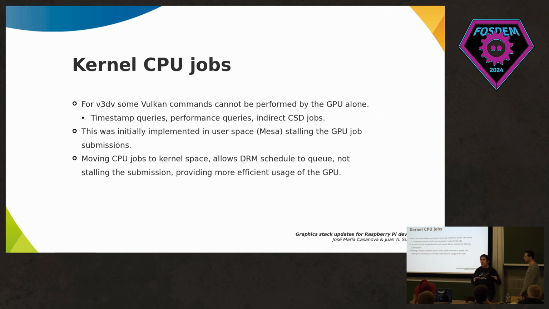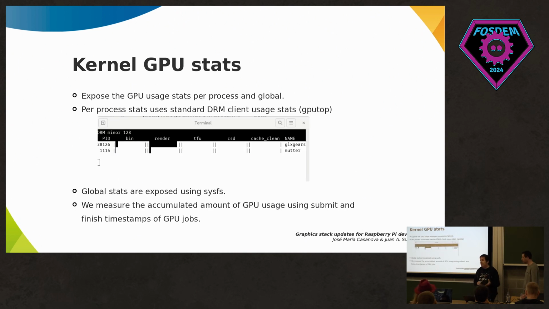We moved these operations that are already known to the kernel space. So when we create the submission in the Mesa driver, we just say the kernel is going to handle that, so we don't stop the submission of GPU jobs. That was a quite interesting improvement in terms of performance, because before this there were a lot of stalls in the submission.